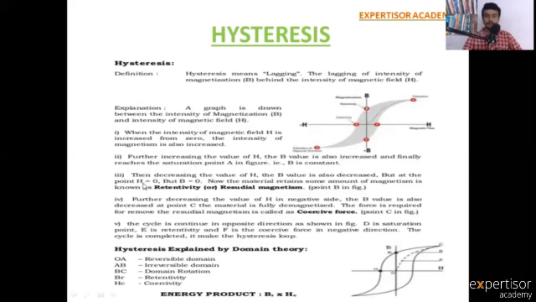Next, decreasing the value of H, the B value is also decreasing. But at the point where H is equal to 0, B is not equal to 0. Now the material retains some amount of magnetism, known as retentivity or residual magnetism.